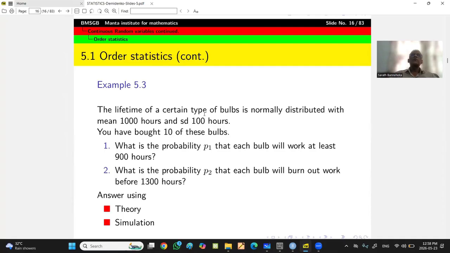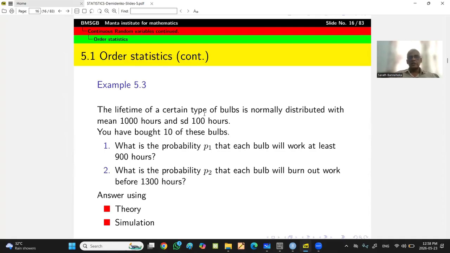Actually, the number of bulbs which have more than 900 lifetime will have a binomial distribution. If n is the number of bulbs out of these 10 bulbs which have lifetime more than 900 hours, then n will have a binomial distribution with 10 and some probability of success, where the probability of success is the previous probability that we talked about.